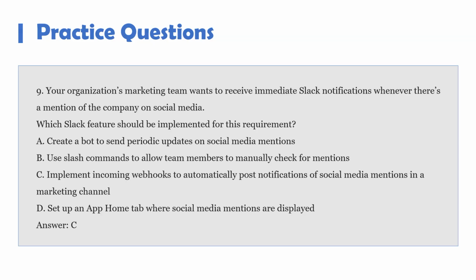B. Use slash commands to allow team members to manually check for mentions. C. Implement incoming webhooks to automatically post notifications of social media mentions in a marketing channel. D. Set up an app home tab where social media mentions are displayed. Answer: C.